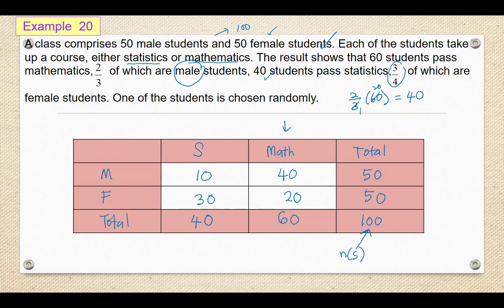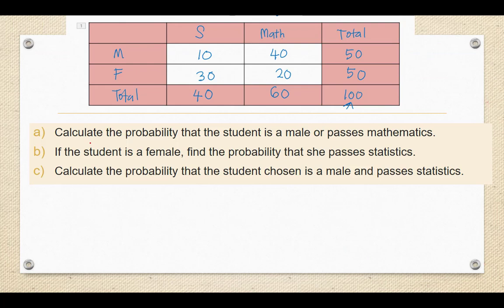Based on this table, we are going to answer the questions. Question A: calculate the probability that the student is a male or passes mathematics. The keyword here is or. The notation will be probability, male will be M, or will be union, and mathematics will be math.